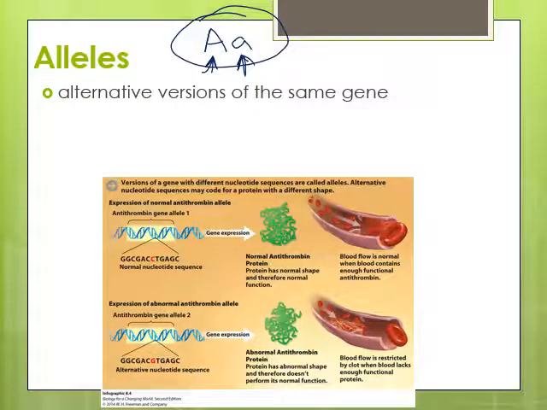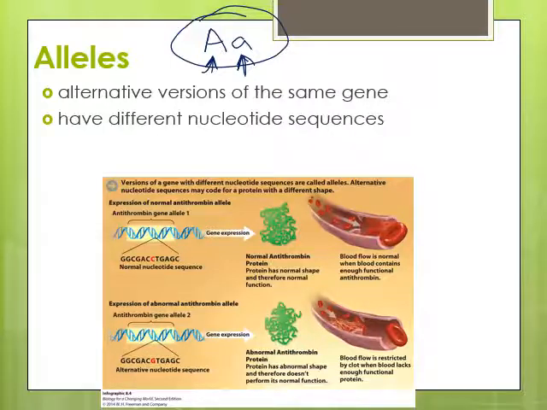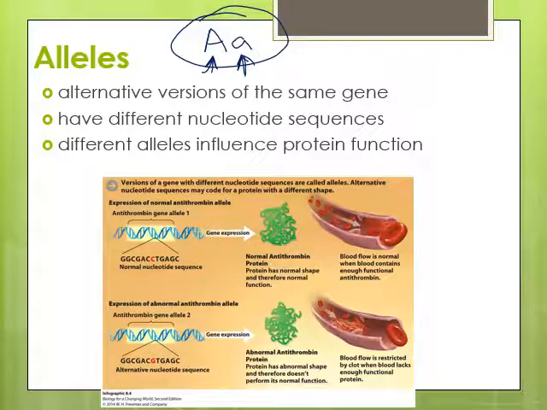An allele is just an alternative version of the same gene. So say this is our antithrombin protein gene, but it's made up of different alleles. Each allele has different nucleotide sequences, and different alleles can influence protein function. So again, a version of a gene with a different nucleotide sequence is an allele.